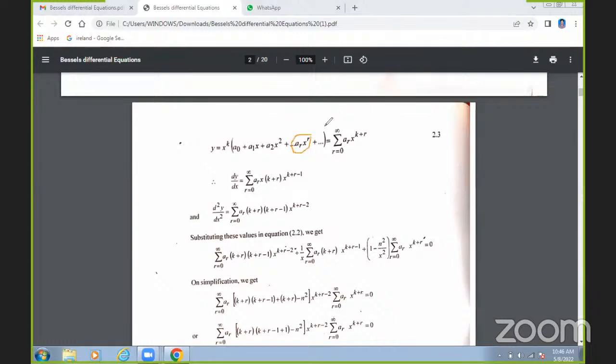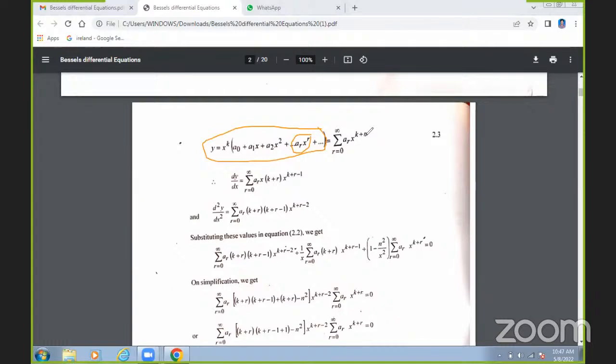This entire expression we can write in the form of a summation, that is summation of r equal to 0 to infinity, where the values a0, a1, a2, and ar are taken from r equal to 0 to infinity. Then we can write this as ar x to the power of k plus r.